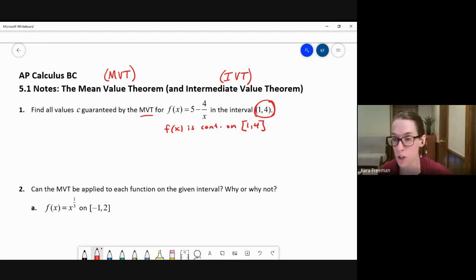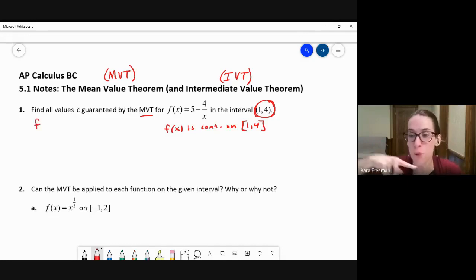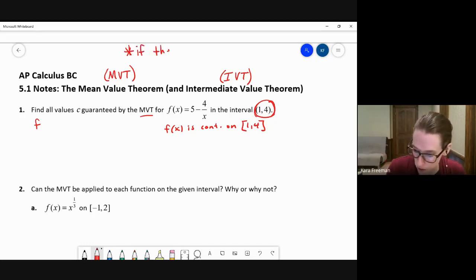Whenever you apply the mean value theorem, you must state that. Now, this is not a polynomial, so I also have to address the derivative and see whether the derivative exists. To tell whether a function is differentiable, not by looking at a graph, you find its derivative function. This is important enough for me to write down.